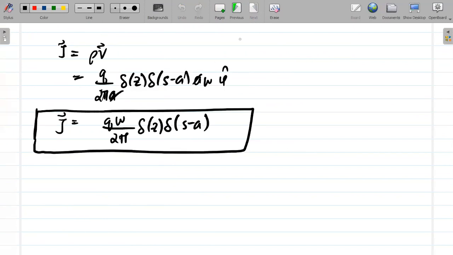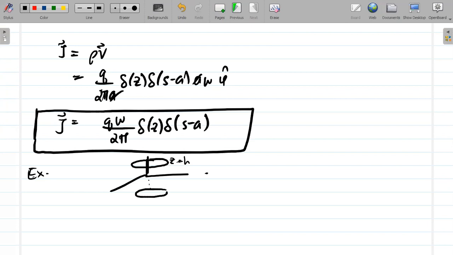Now class, hirapan natin yung problem. What if meron tayong dalawa? So another example. Sige, i-mental nyo na lang to. Meron kang same loop pero positioned at Z equals H yung isa.